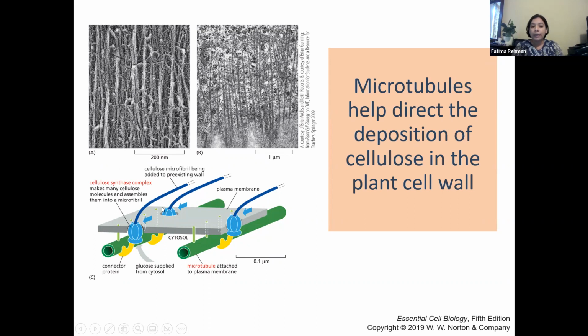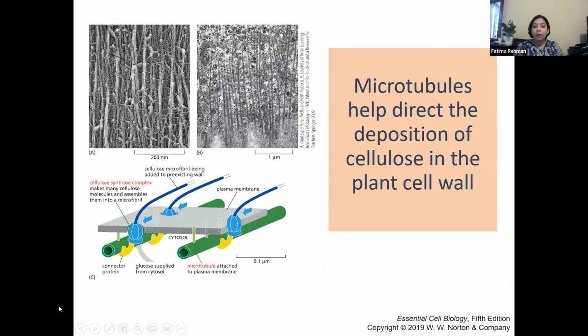So if you look at the plasma membrane, and again, looking at that structure, this is inside the cell, right underneath the plasma membrane, you have the structural proteins, you have the cytoskeletal proteins, you have your microtubules, you have the connector proteins, you have all the good stuff, right? And then you have these cellulose microfibrils that are being added to the pre-existing cell wall.